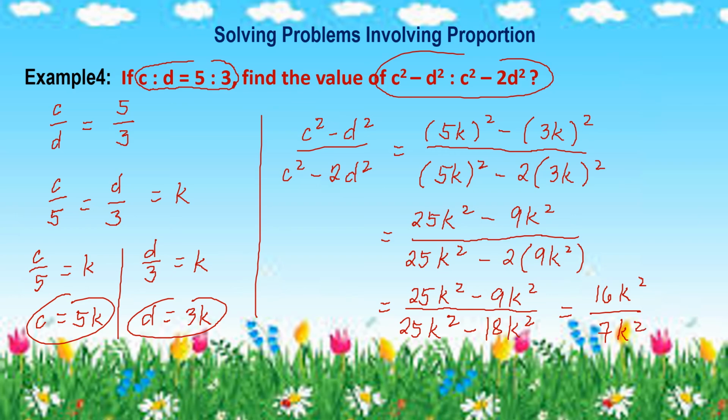We can cancel k squared in the numerator and denominator. So we only have 16 is to 7. Therefore, for our final answer, the value of c squared minus d squared is to c squared minus 2d squared is 16 is to 7.